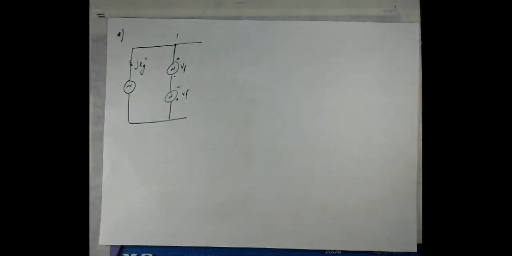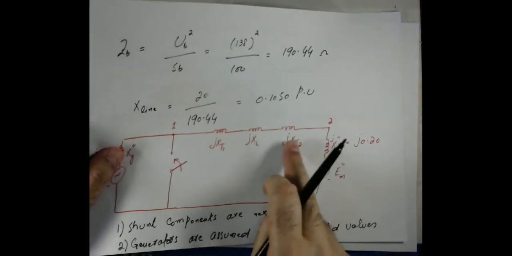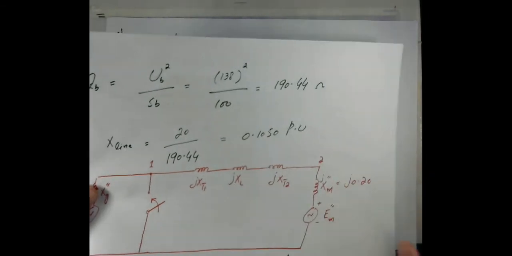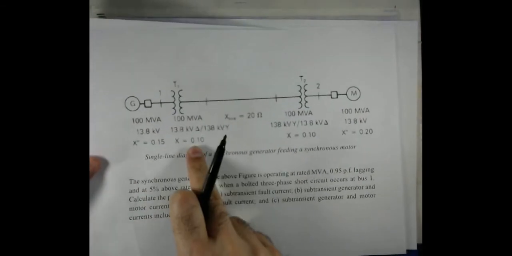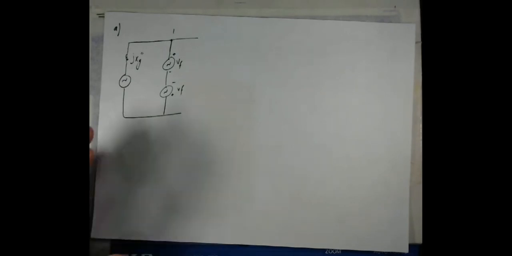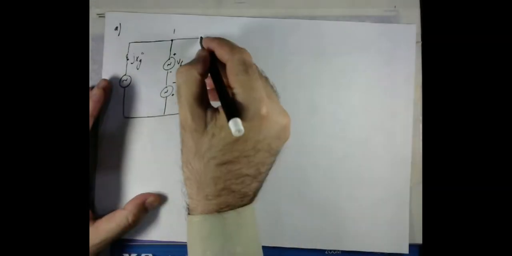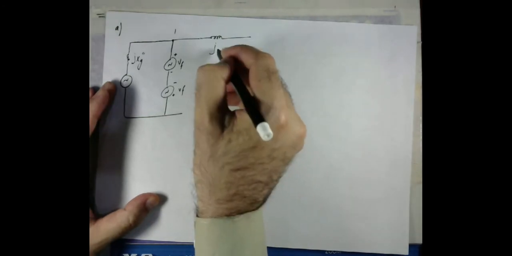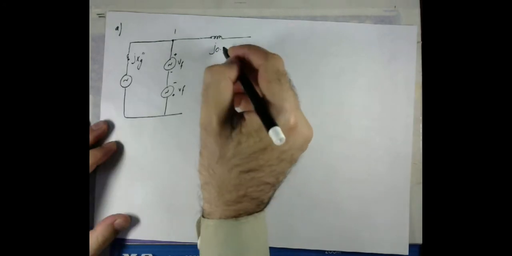Then we can add these three, because these three reactances are in series. So let me add the values. This is 0.105, and if you remember, in the task it was given 0.1, so 0.1, 0.1 and 0.105 will become, let me add those three, J 0.305.